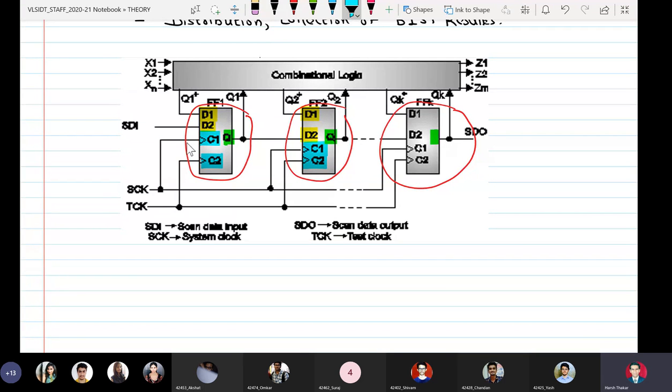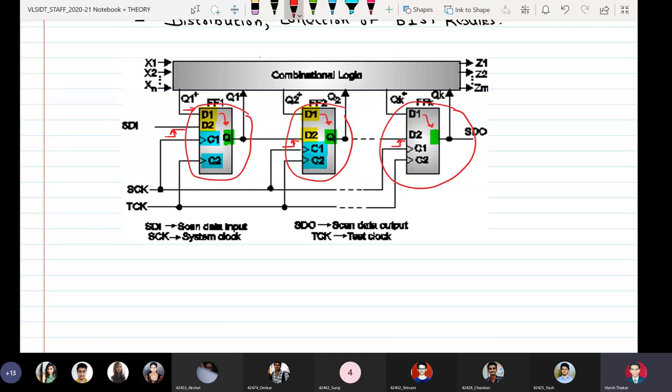Whenever the flip flop is pulsed at C1, whatever is present at D1 is sent here. That is, if I apply a pulse at C1, whatever is at the input D1 will be sent to the output.